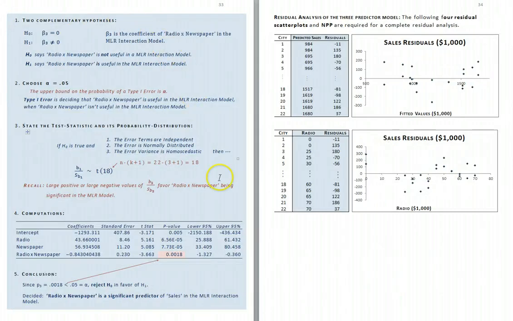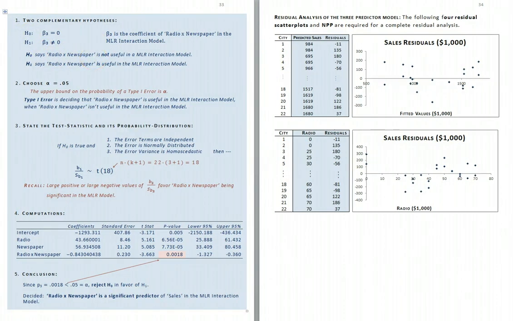On this next page, read through the 5 steps of the hypothesis test for the utility of the radio and newspaper interaction variable. On the next 2 pages, review the residual analysis for the model with interaction.